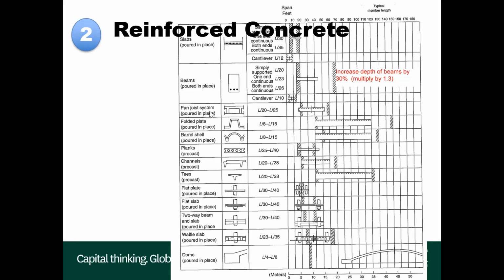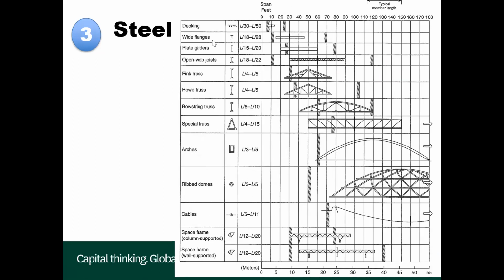So, whenever we look at steel, well, if we just have a typical steel beam, a steel I-beam, which will have wide flanges, these beams typically go from about 4 meters through to that region. Then ordinary wide flange steel beams might be suitable for you.